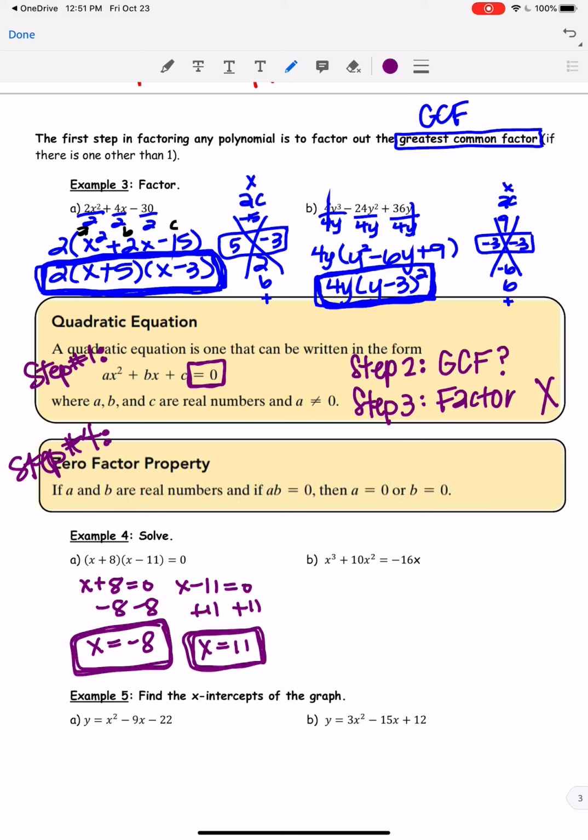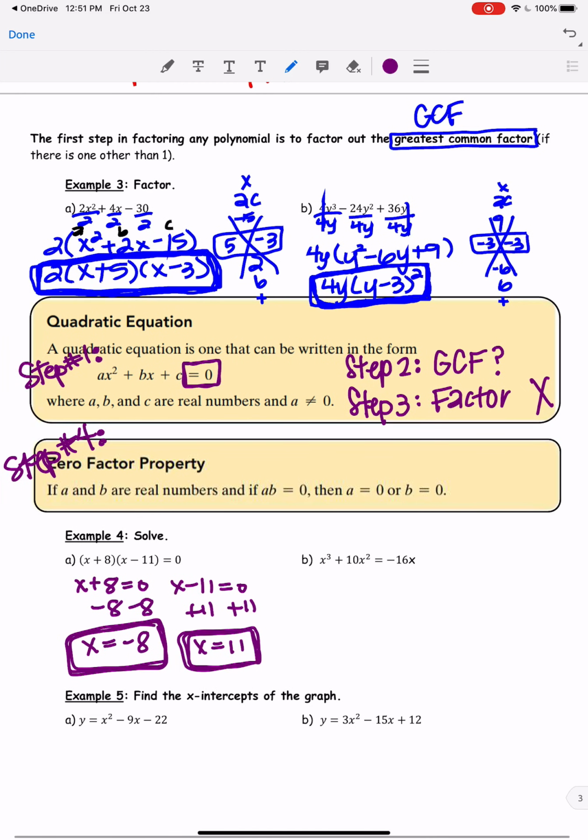Now on B, we've got the hard work to do ourselves. Step 1 is, does our equation equal 0? Well, no, it does not. So how do we get that to equal 0? I need to move this over to the other side. The opposite of a minus 16x is a positive 16x.